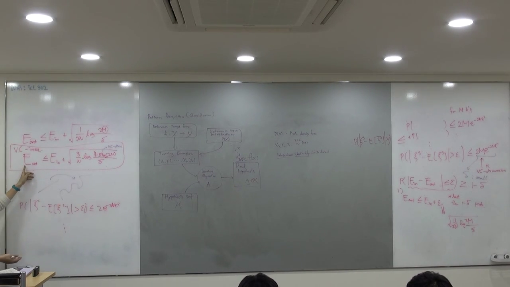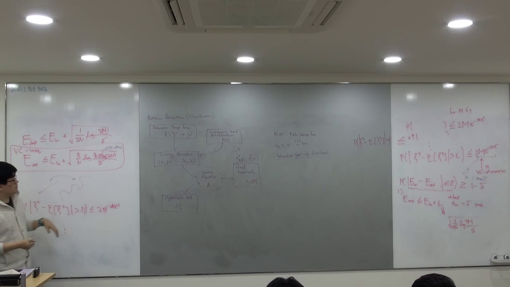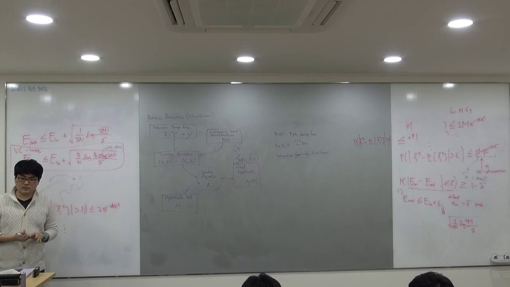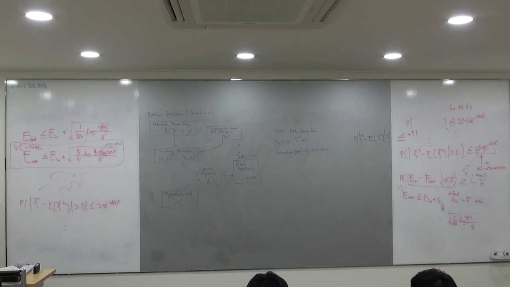Then your E_out, or test error, can be very loosely bounded by your training error. So you should reduce your model complexity. That's what the VC inequality says.